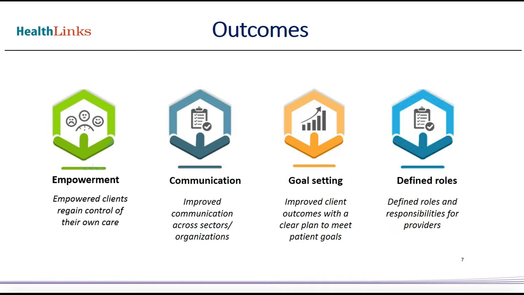Goal setting, so improved client outcomes with a clear plan to actually meet the individual's goals, and then defined roles and responsibilities for providers. So oftentimes we hear that there's duplication of different roles, or there's no clear expectations of what individuals in the care team are doing, but the coordinated care plan really helps to define these roles and responsibilities so that everyone's on the same page.